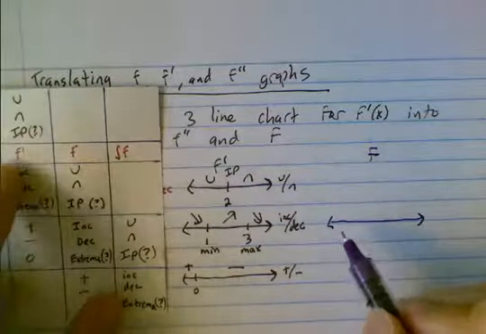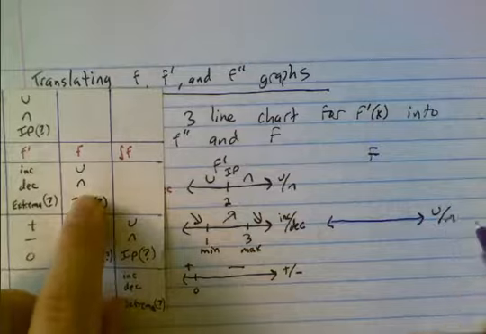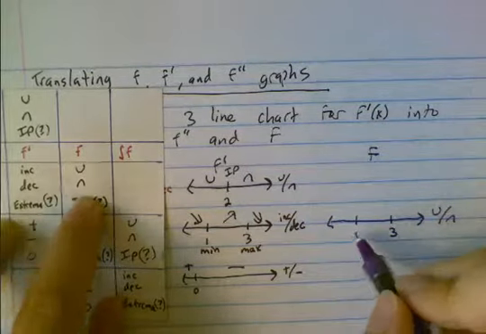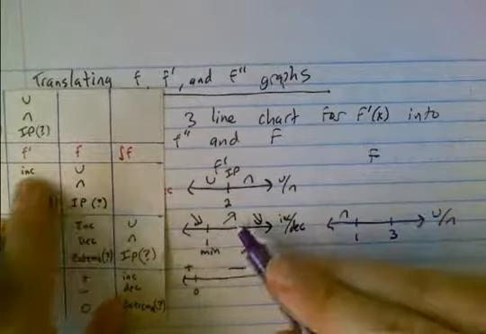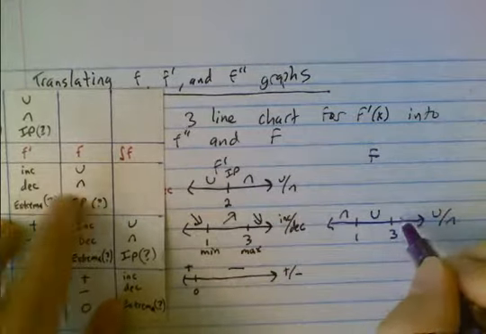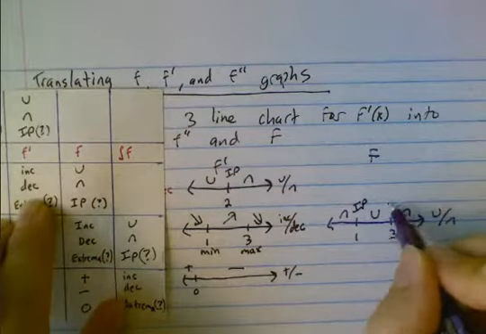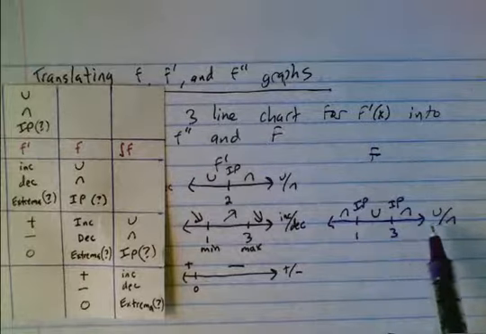But this one, f prime increasing, decreasing, translates into f concave up, concave down. So here's 1, here's 3. Decreasing, concave down, increasing, concave up, and these look like they are inflection points because concavity changes.